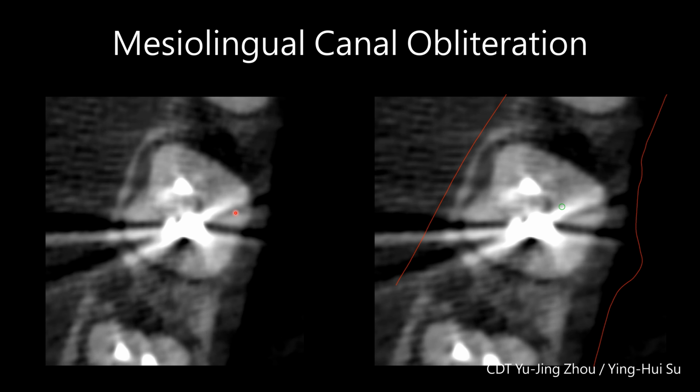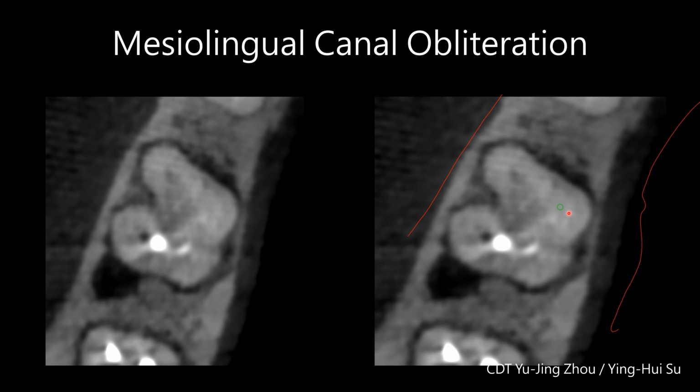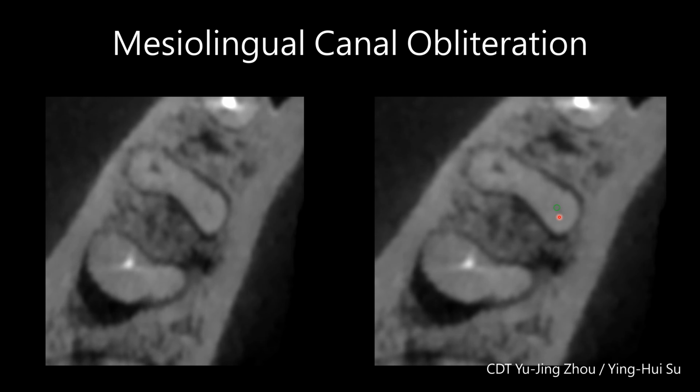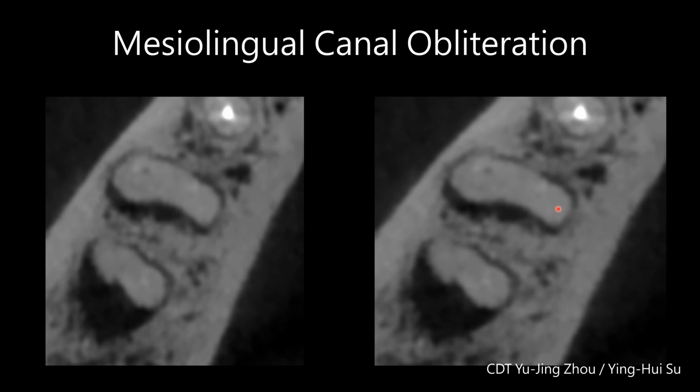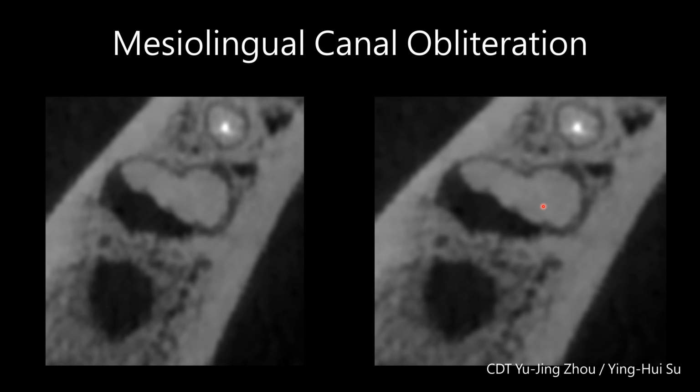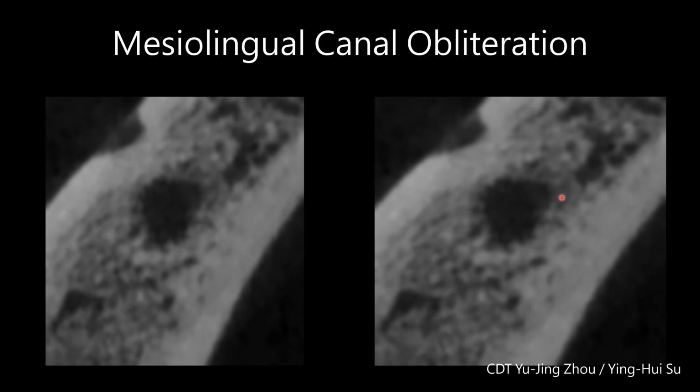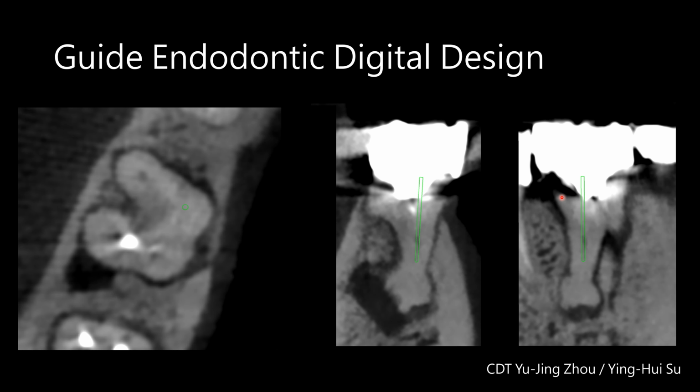We cannot find the mesiolingual canal. So this green circle is where we are going to do the guided endodontics using a 3D printed guide. Here is the planning of my drill path.